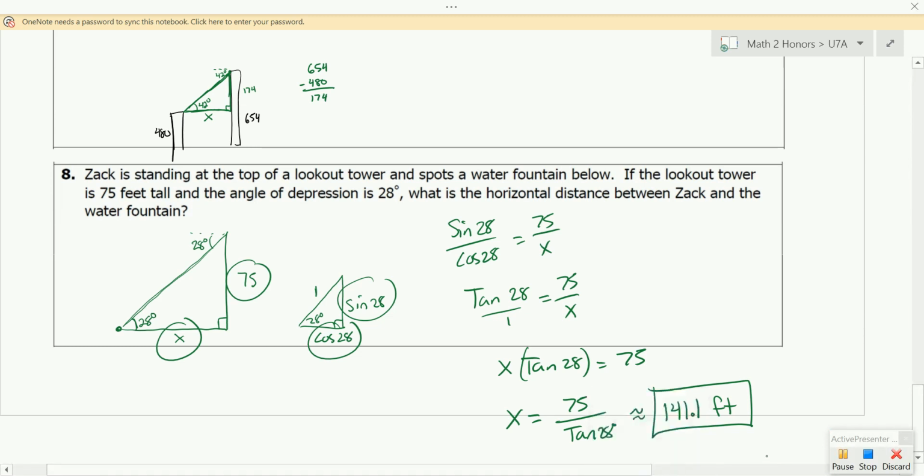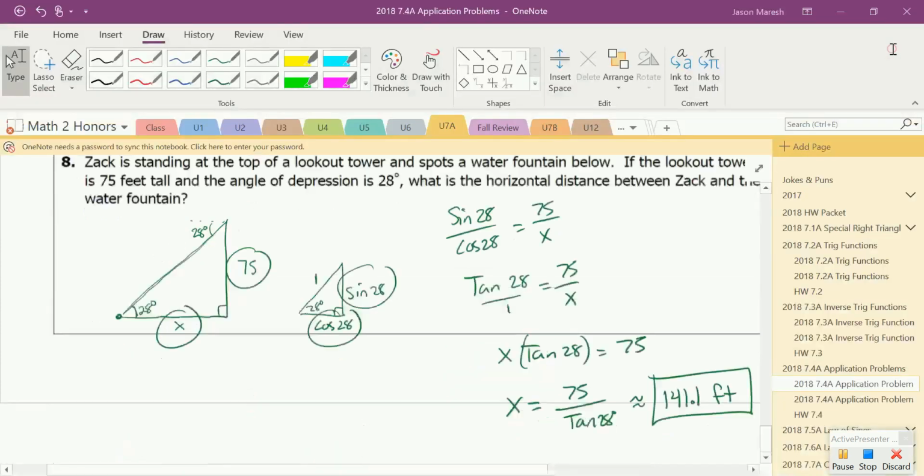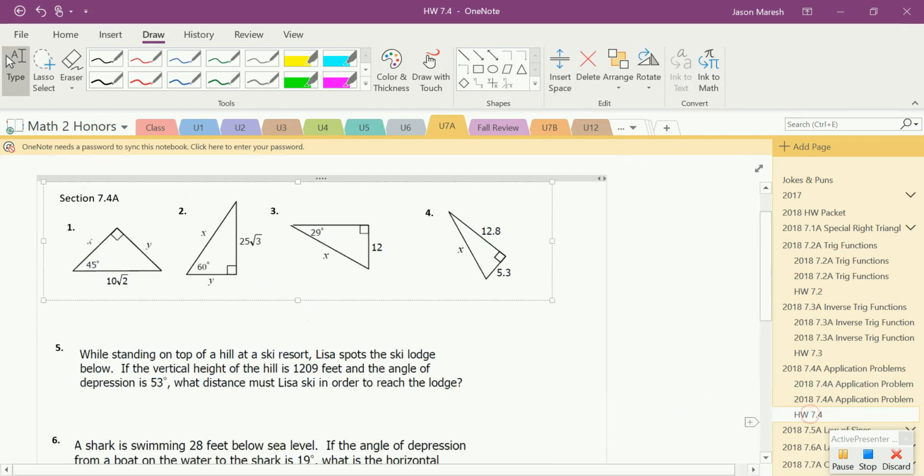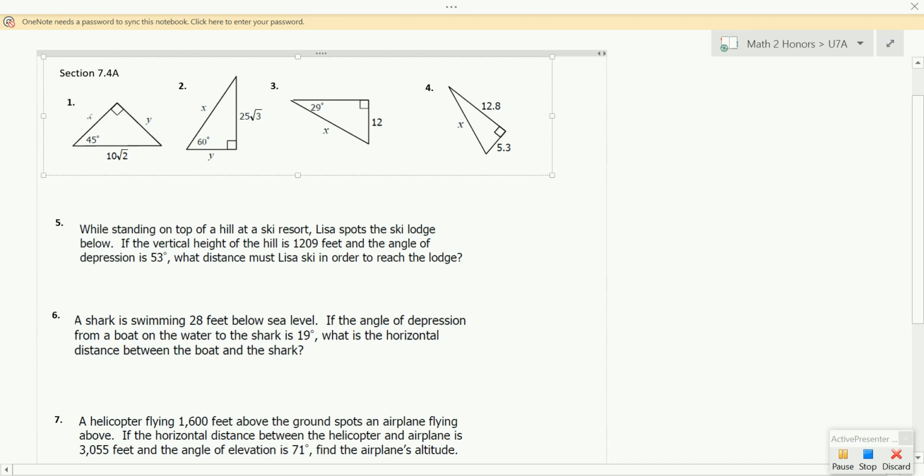So, I was going to modify the homework. I want to show you that. We have two homeworks, right? You were working on the first one already. The second homework, we're going to take out 1 through 4. Start at 5. So you're just going to do all the word problems on the second homework.